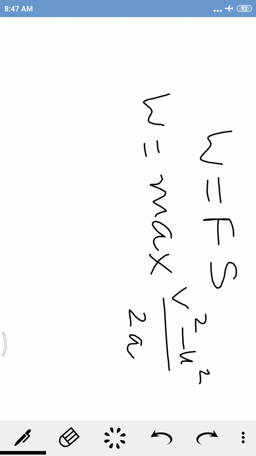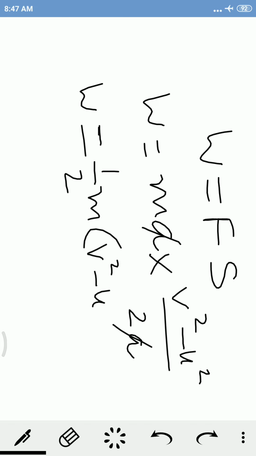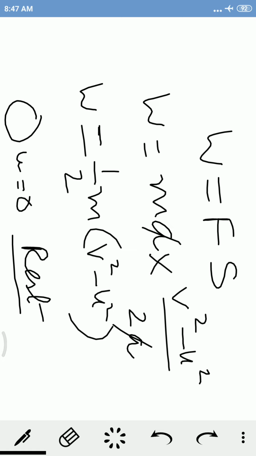Now here we can cancel a with a, and this expression can be written as W equals half m times v square minus u square. Now assume that the object which was moving with velocity u, its initial velocity was 0. It means it was at rest. So here we can take u as 0.